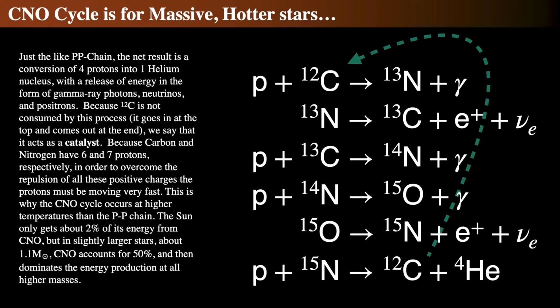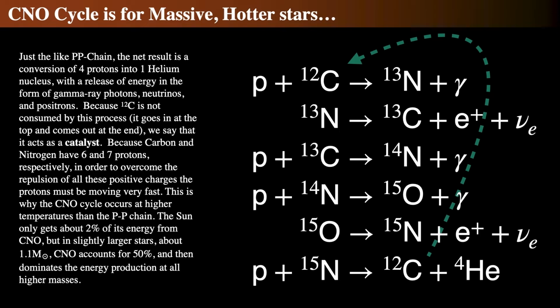It does fuse 4 protons. You can see the equations. These are a set of reactions where a proton, P, combines with a carbon-12 nucleus, they collide together, and the arrow says the output is a nitrogen-13, or a light nitrogen nucleus, and that emits light in the form of a gamma ray. That's what that little gamma symbol is.